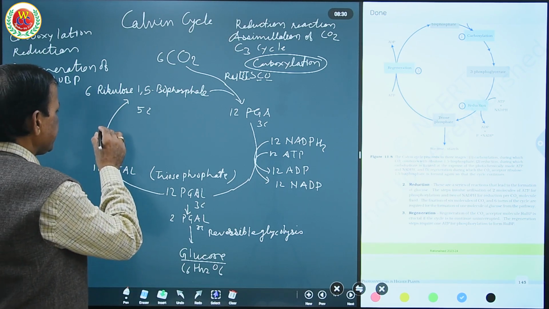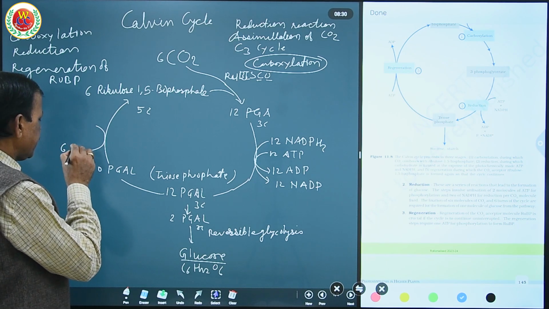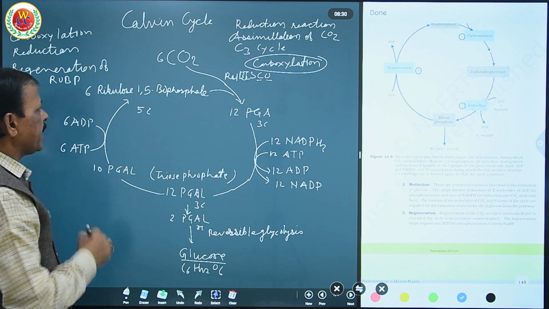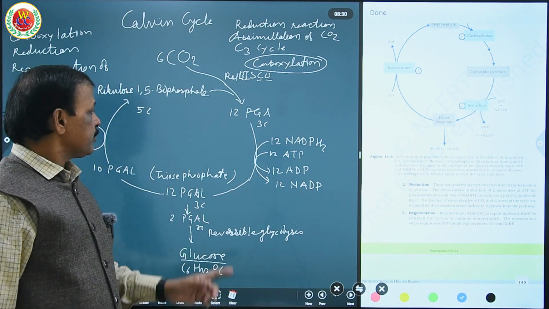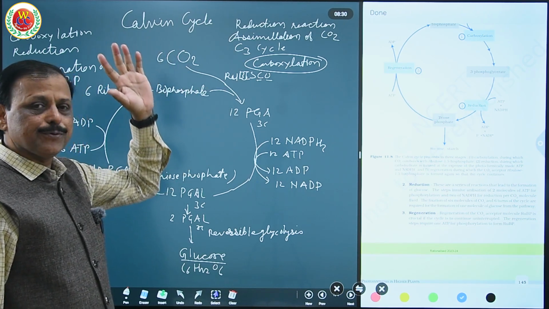So 10 molecules of PGAL undergo regeneration of RUBP in presence of 6 ATP, producing 6 ADP and regenerating 6 molecules of ribulose biphosphate once again to absorb the atmospheric CO2 and produce the PGA.